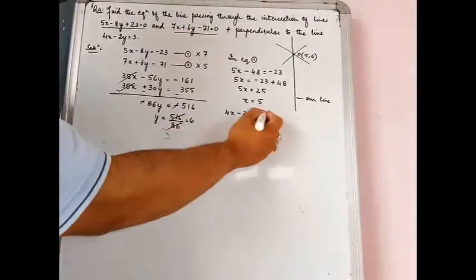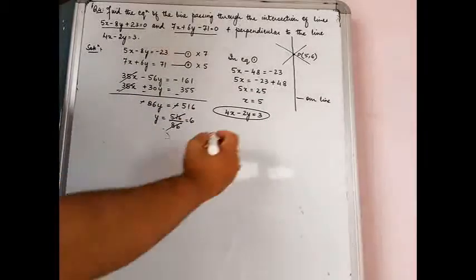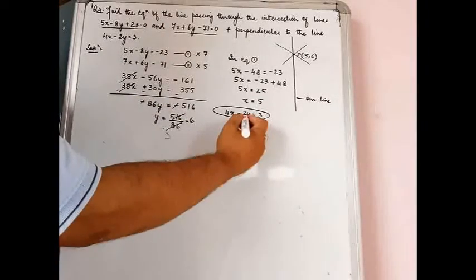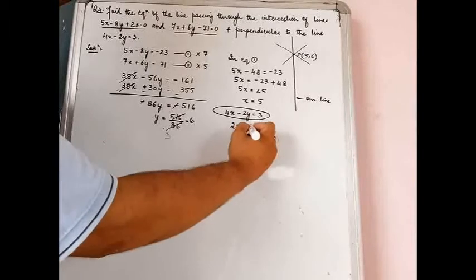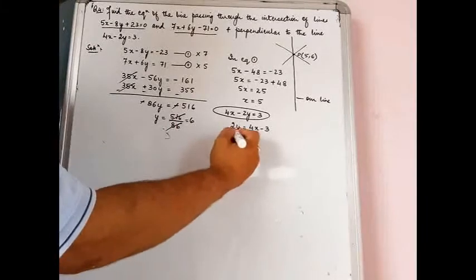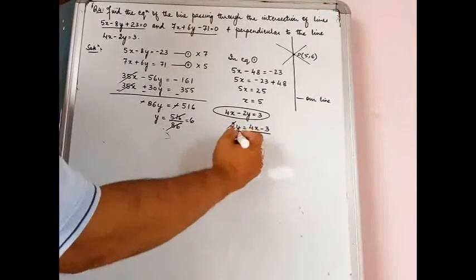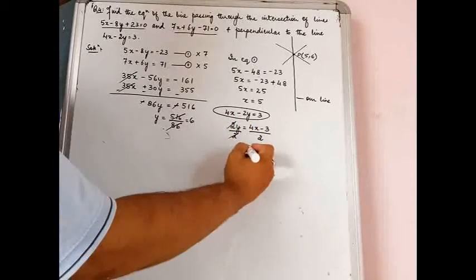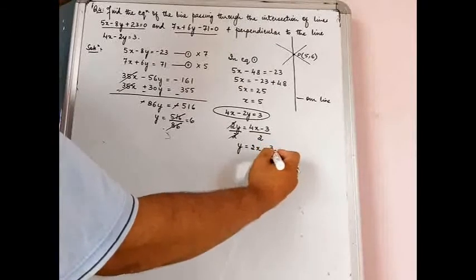Now if you have a look at this particular line, we can bring this into y is equal to mx plus c form. So minus 2y can be taken to the right side, so you have 2y is equal to 4x minus 3. After slight adjustment, we can divide this by 2 and divide this also by 2. So 2 and 2 gets cancelled. You have y is equal to 2 2s are 4, 2x minus 3 by 2.